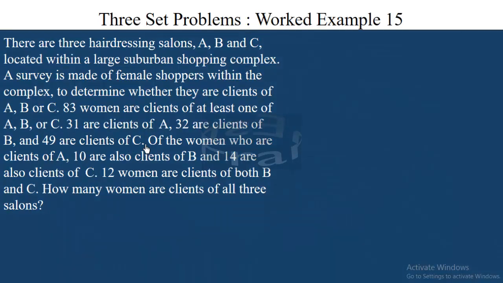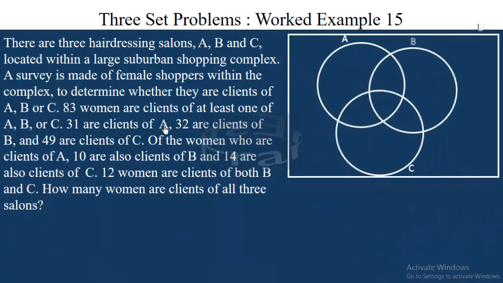So let's represent that on the Venn diagram. So we have the universal set being 83. So the number of the universal set is equal to 83. Then the number of clients in A is 31.